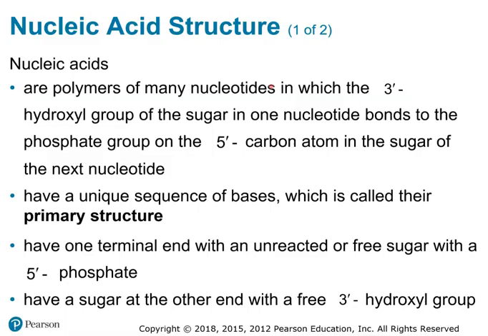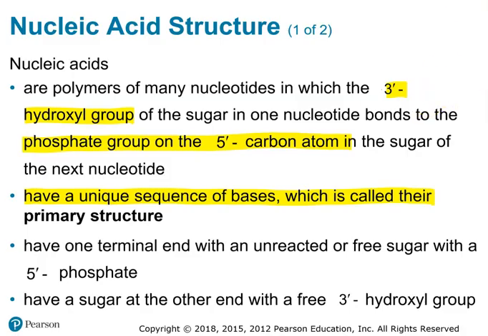In this chain, 3' hydroxyl of the sugar in one nucleotide bonds the phosphate on the 5' carbon in the sugar of another nucleotide. So that creates a unique sequence of bases. And that sequence, just like with the proteins, the sequence of bases is what's called a primary structure of a DNA or RNA.